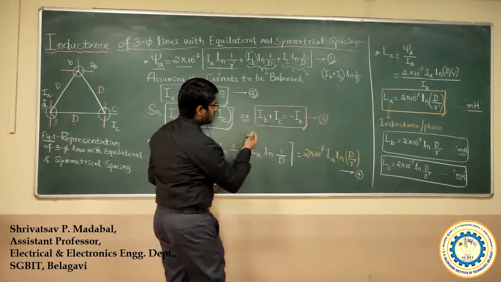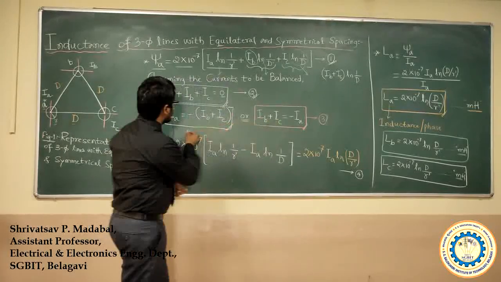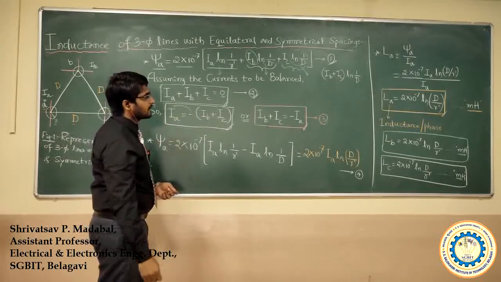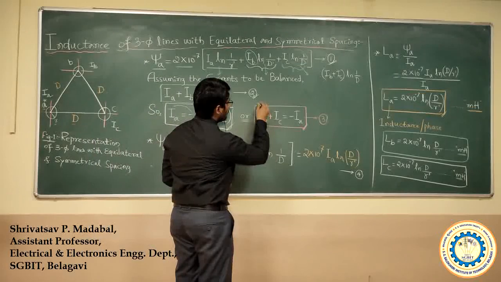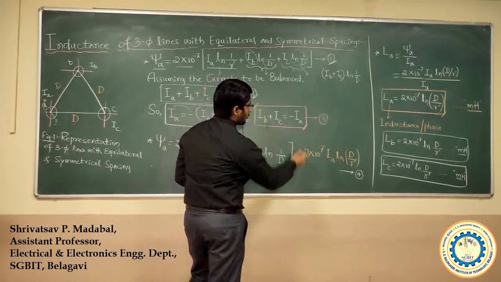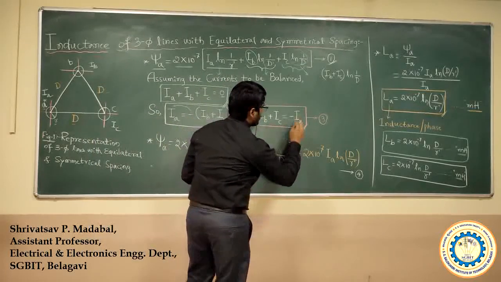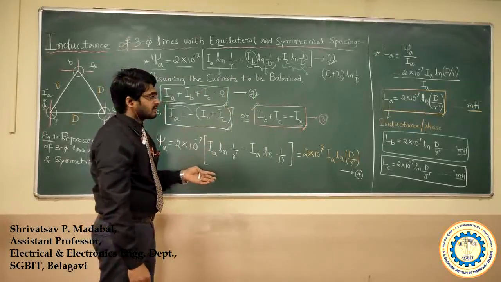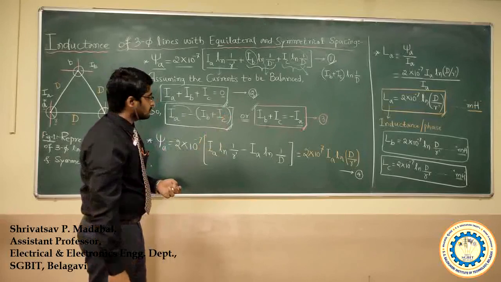If I move the minus sign to the left hand side, IB plus IC is equal to minus IA. So I found a representation for the IB plus IC combination in terms of IA.